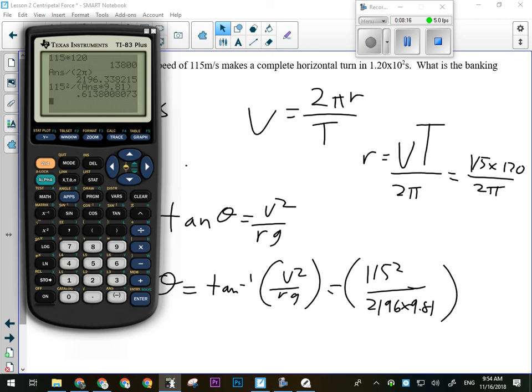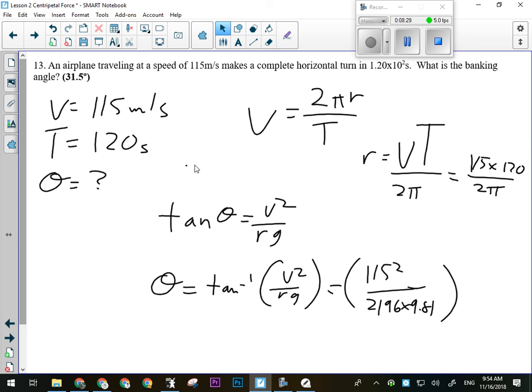So the tan of the banking angle is 0.613. If I go inverse tan of that number, I get 31.5 degrees. So it's a tricky two-step question that we had to find one thing before we could use this formula here. Any other ones giving us trouble?